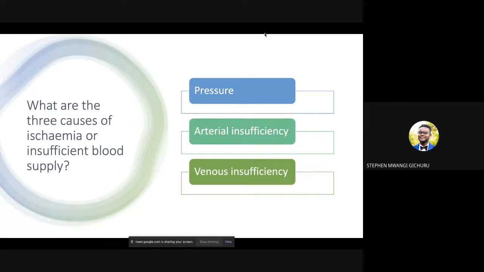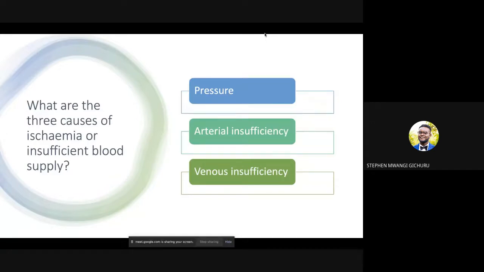For arterial, you have multiple diseases, so that could be vasculitis, scleroderma, atherosclerosis, all those. For venous insufficiency, it's more forming the fibrous cuff around the vessel, which interferes with that delivery of nutrients and oxygen. So now at least if anyone asks you how do you form a pressure sore, an arterial ulcer, or a venous ulcer, you know.